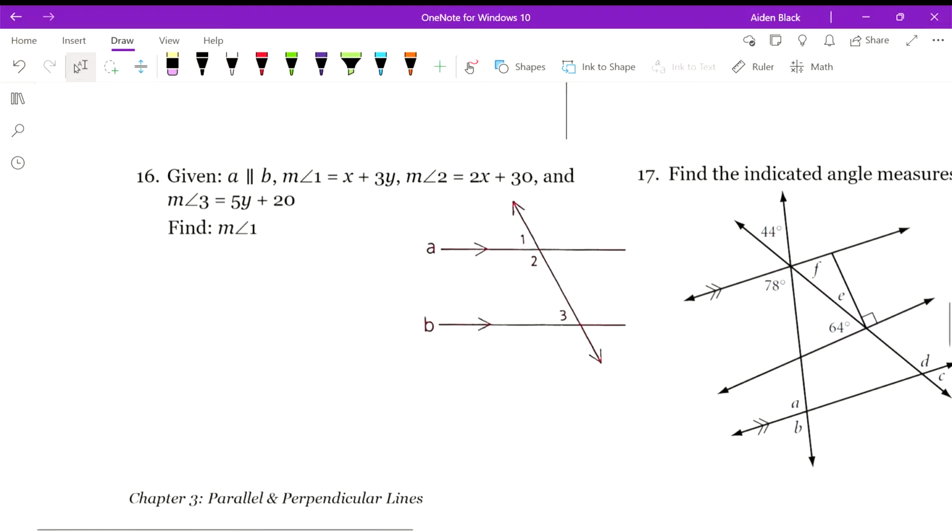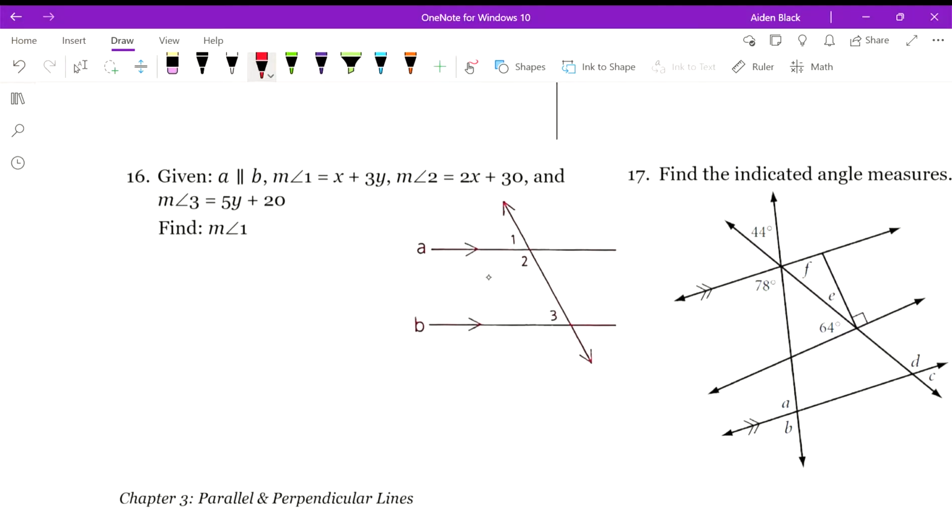Okay, so let's look at this one real quick. We know A and B are parallel. Here's our transversal. And then we have angles 1, 2, and 3, which are expressed as x plus 3y, 2x plus 30, and 5y plus 20.